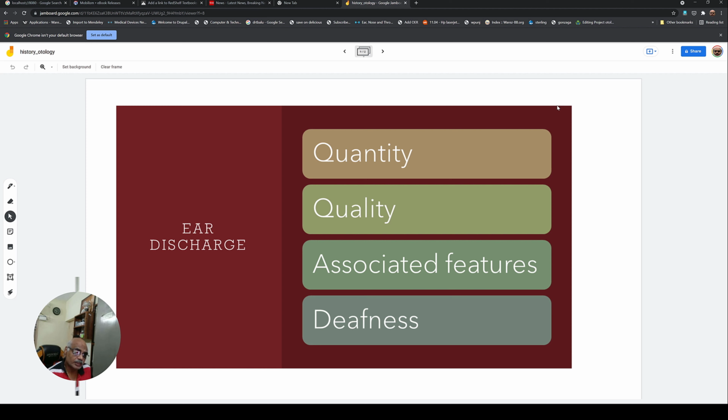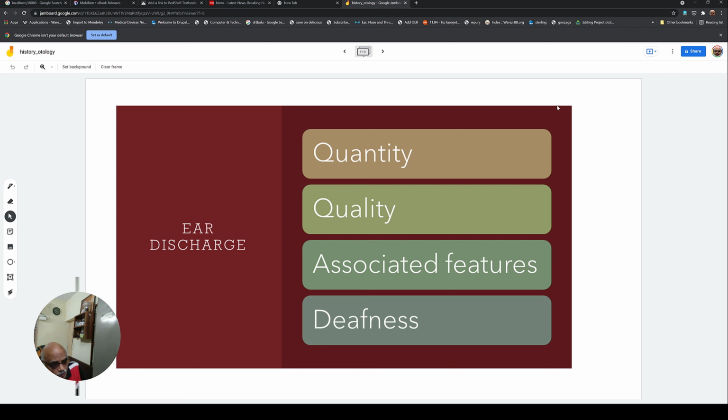So quantity and quality. If the patient complains of profuse discharge, profuse discharge always occurs in tubotympanic type of disorders, whereas in the case of a complaint saying that I'm having a torrential discharge that does not stop, cotton gets wet, I keep on putting cotton, and within 2 minutes the entire cotton I need to change because it has become too wet.